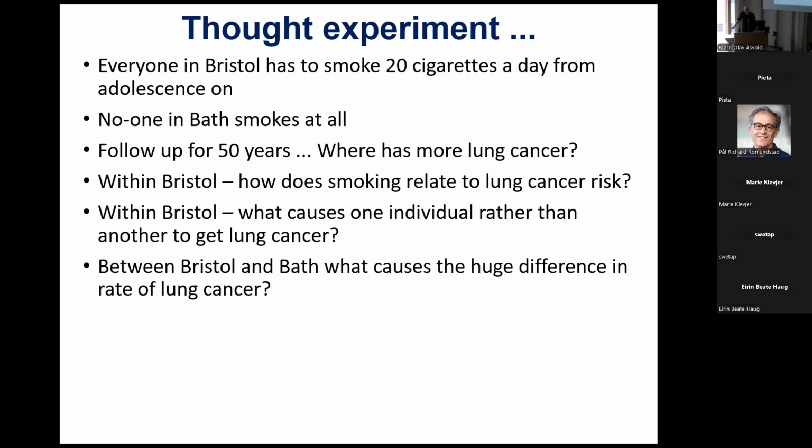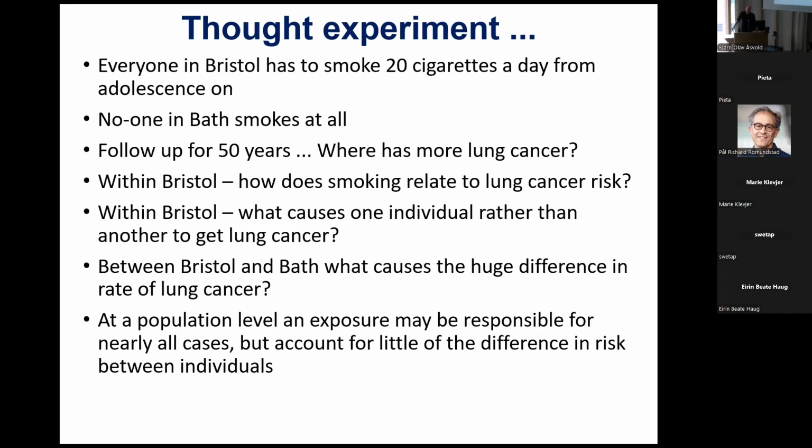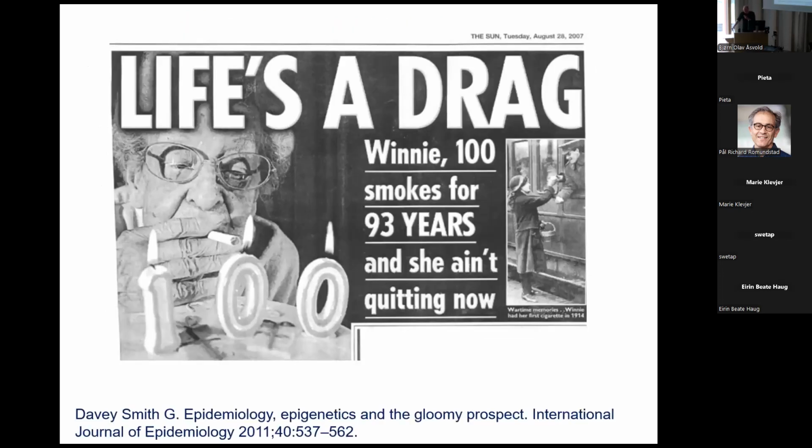So between Bristol and Bath, the huge difference in the rate of lung cancer, nearly all cases of lung cancer in the two together could be attributed to smoking. So at the population level, an exposure might be responsible for nearly all the cases, but within the population account for little of the difference in risk between individuals.